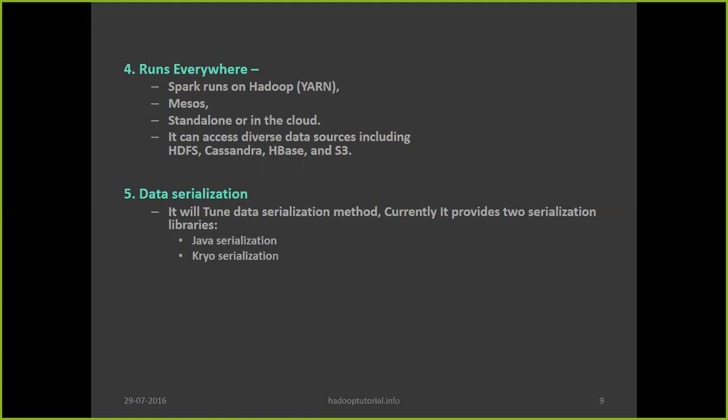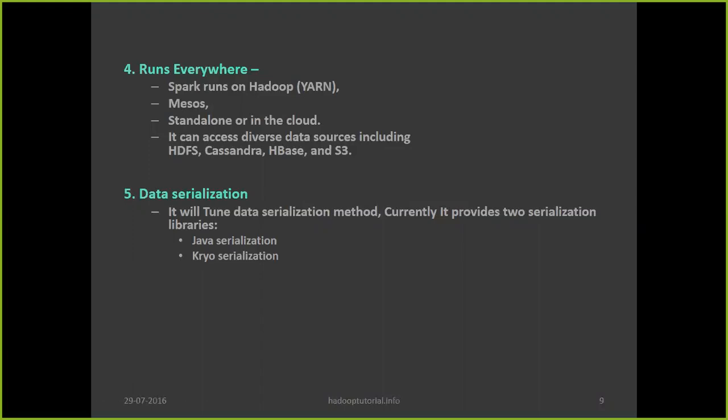So this is reading your data from different locations and processing that data under different distributed processing frameworks. Yarn is one such framework, and Mesos is another. Either you can run on either of these two frameworks, or you can even run Spark in standalone mode.